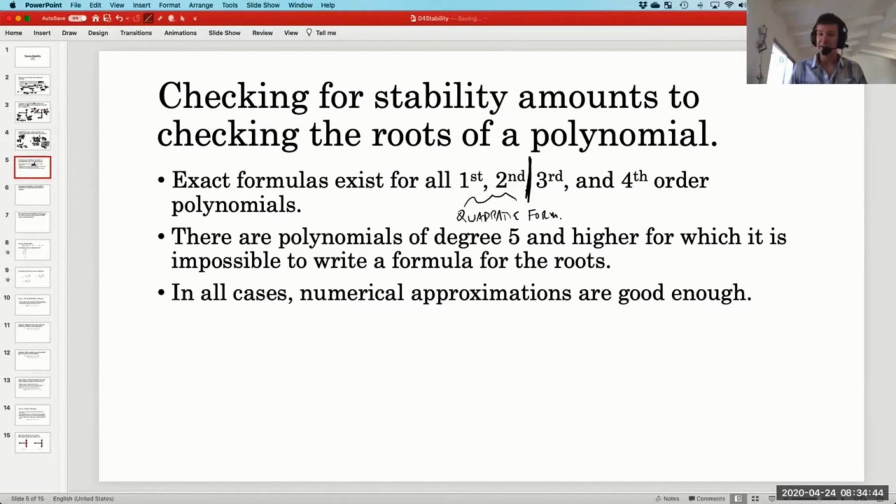For stranded on a desert island with nothing better to do, there are formulas for finding the root locations of third and fourth order polynomials, but that's where the story ends, because it's actually been mathematically proven that there are fifth order polynomials out there for which it is impossible to write a closed form expression for the root locations.